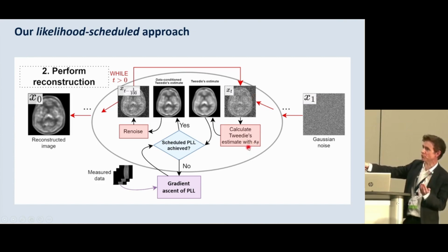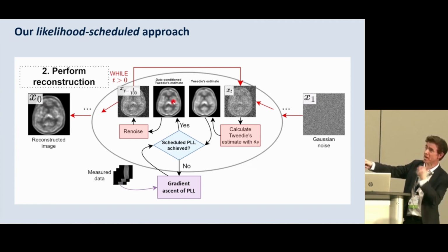That's our denoiser that was very easy to train. So we get a denoised image, and then with that denoised image, we use something like MLEM, basically gradient ascent of the Poisson log likelihood, to get some target level as defined by conventional MLEM. Once we've reached that level, we then have, if you like, a data conditioned denoised image.